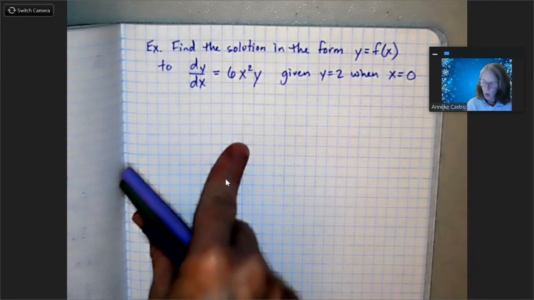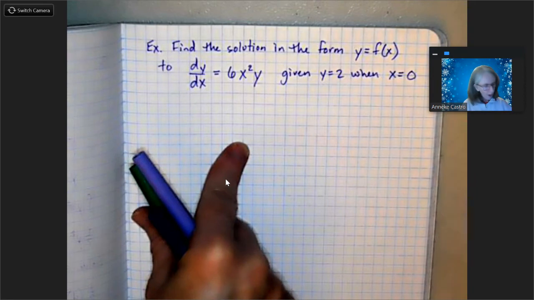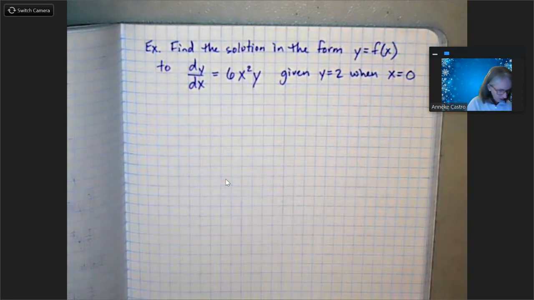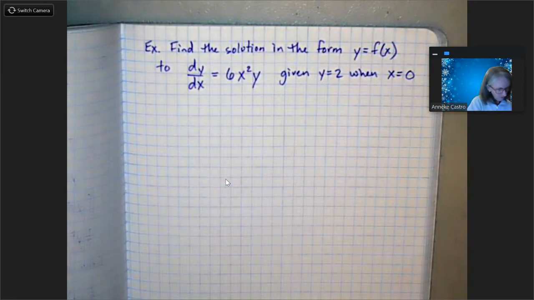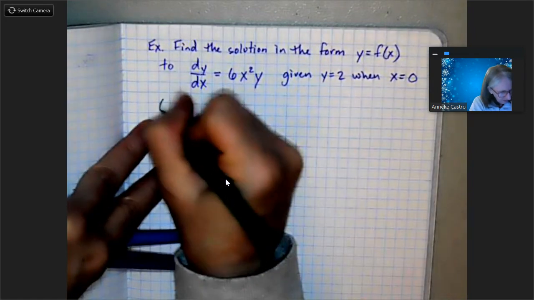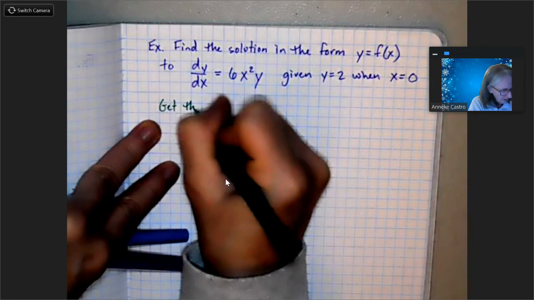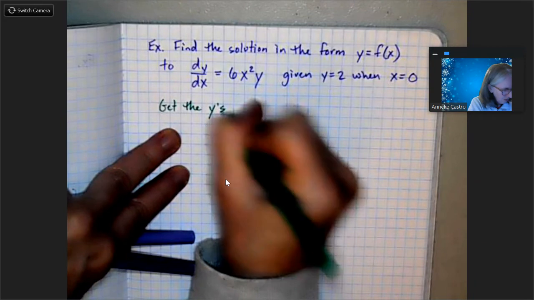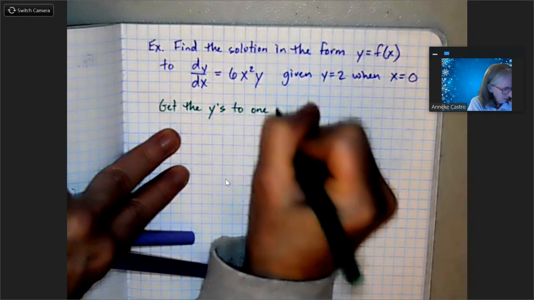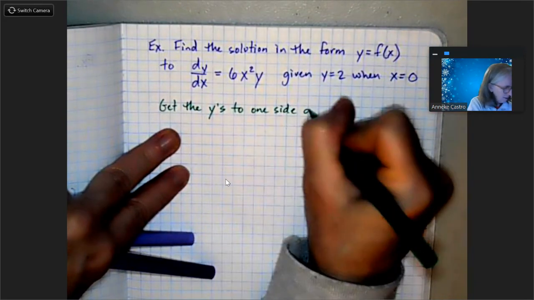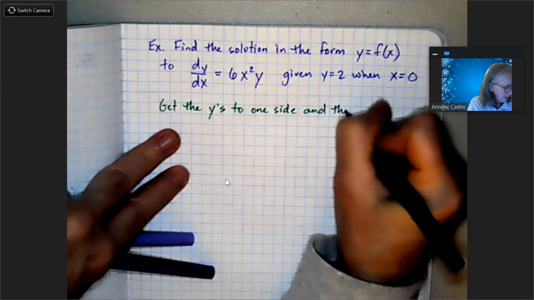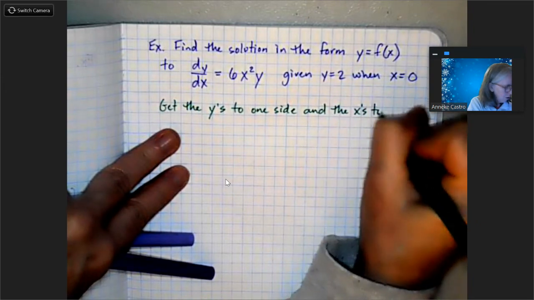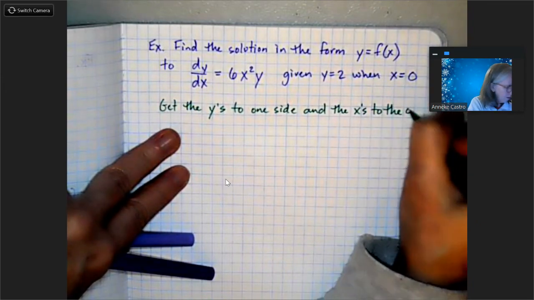All right, so here we go. We want to get the y's to one side and the x's to the other. We might want to write that down just to remind ourselves. Get the y's to one side and the x's to the other.